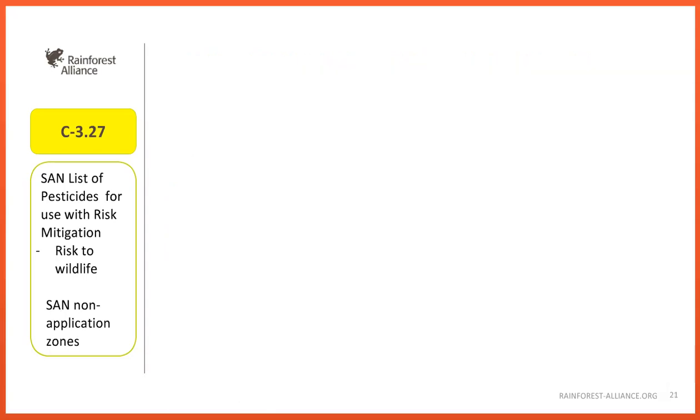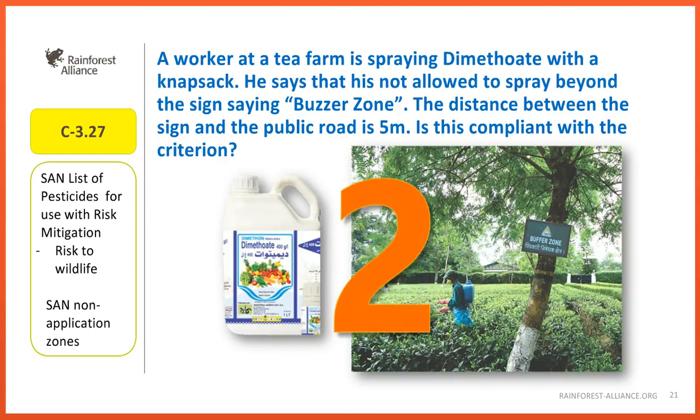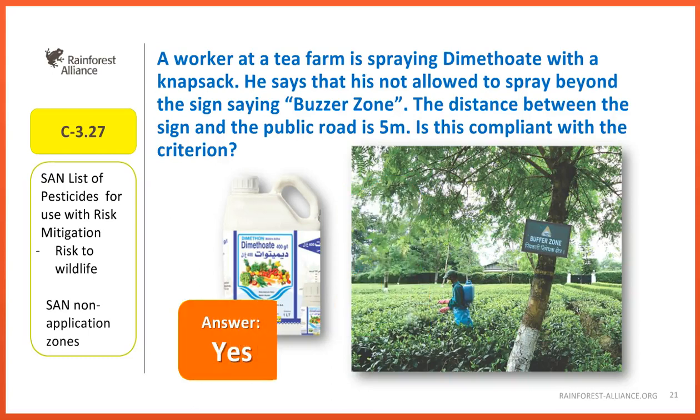Next one. A worker at a tea farm is spraying dimethoate with a knapsack. He says that he is not allowed to spray beyond the sign saying buffer zone. The distance between the sign and the public road is 5 meters. Is this compliant with the criterion? The answer is yes.